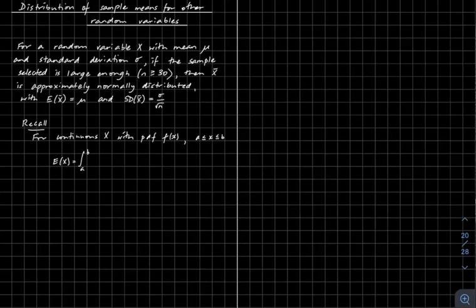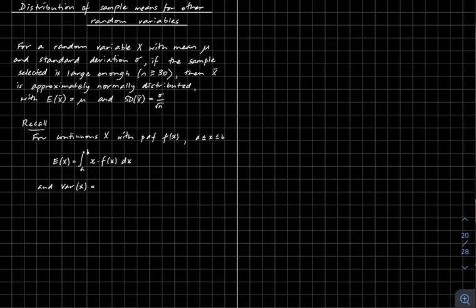It's going to be the definite integral between a and b of x times f of x dx. And we can calculate the variance in x, and we know that the standard deviation is just the square root of the variance.